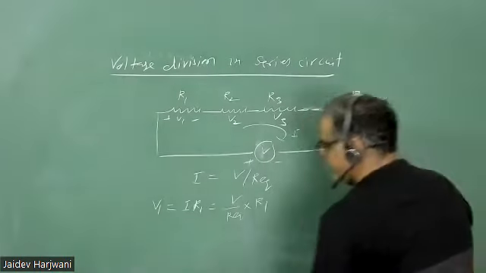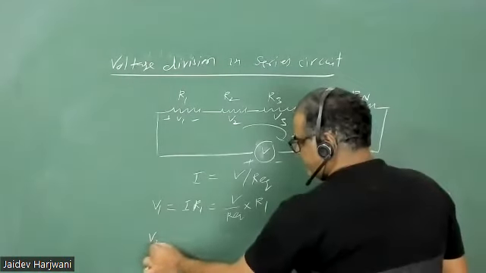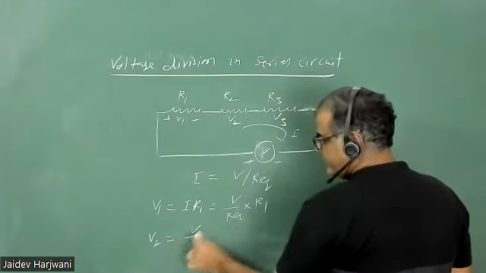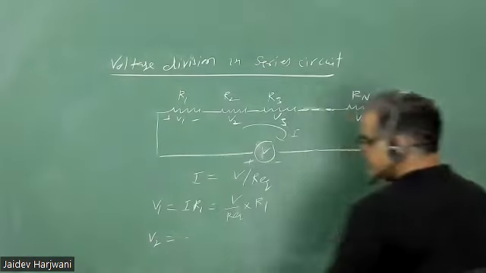Similarly, you can find V2. V2 will be V upon R equivalent, that's R1 plus R2. Let me expand this one.